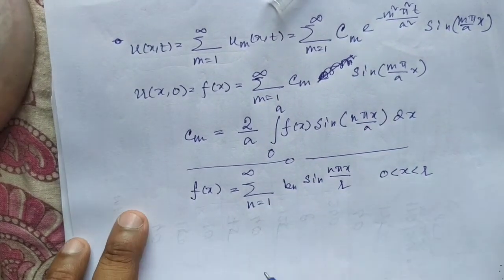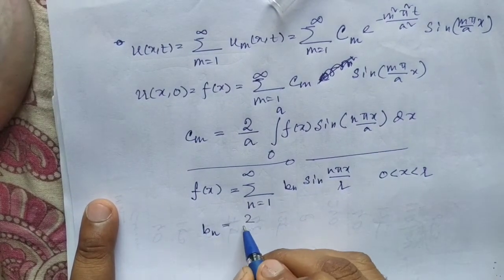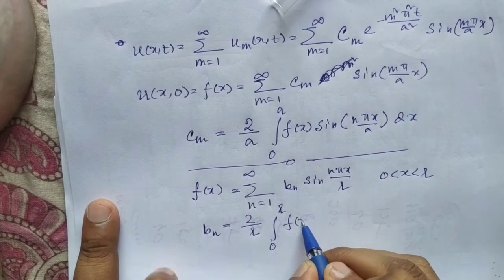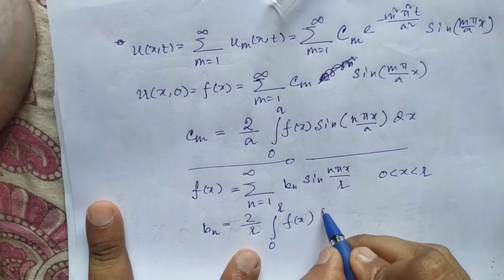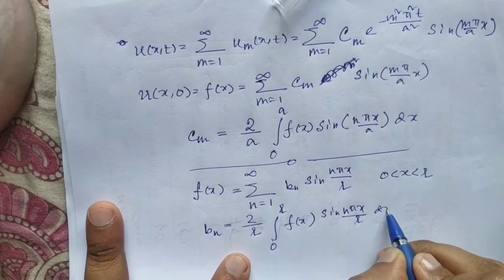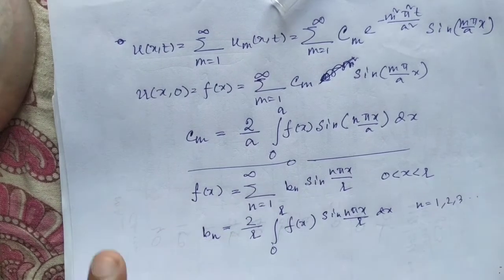These are basic stuffs. So bn in such a case should look like 2 over L, integral 0 to L f(x) sine n pi x over L dx for all n equal to 1, 2, 3, etc.